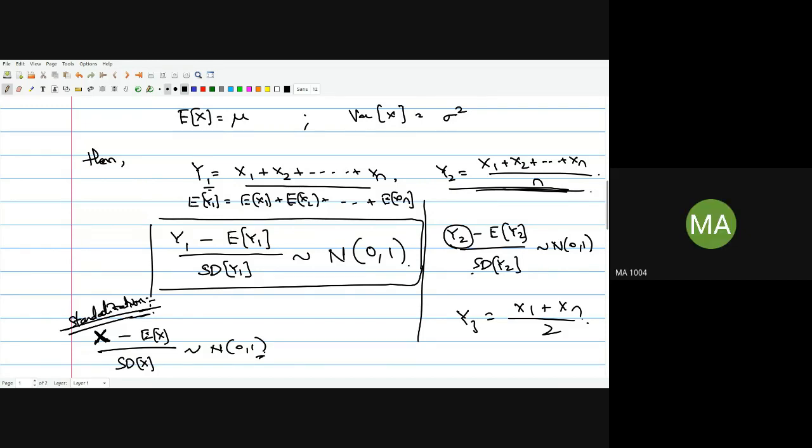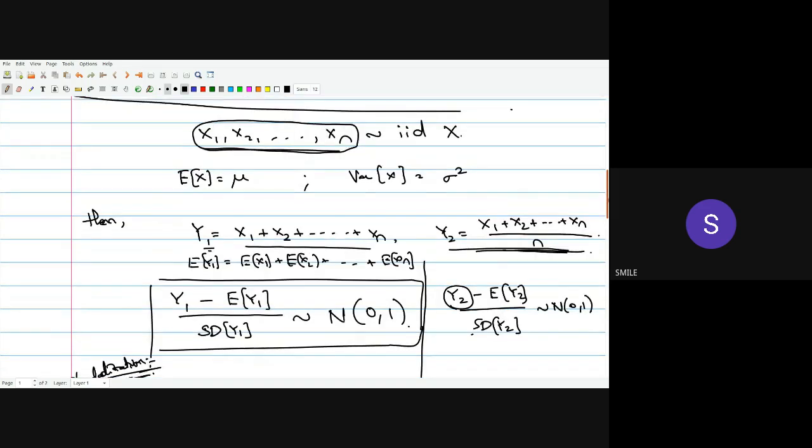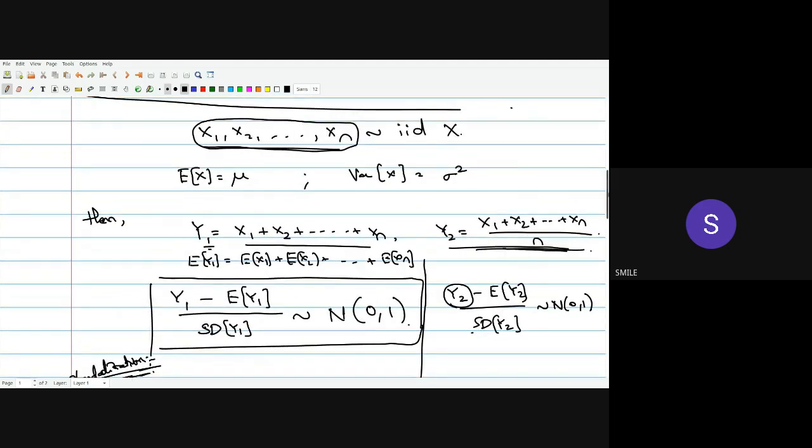Let's say that. Theoretically, it's very difficult to find out its values, but do we know that it will be normally distributed for sure? That is what this theorem says.